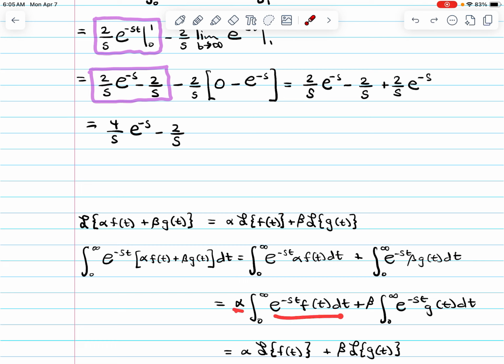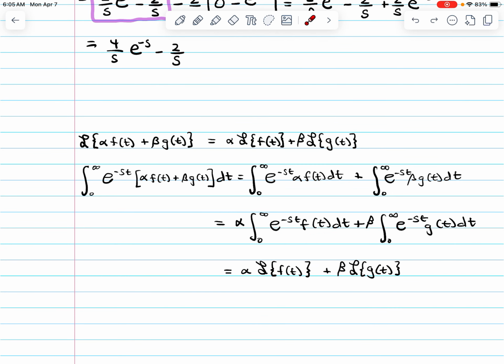And notice what you get here is this is just alpha L of f of t. And this is beta L of g of t. See? So this Laplace transform is a linear transform. So that's something that will make things easier for you when you're working through some of these problems.